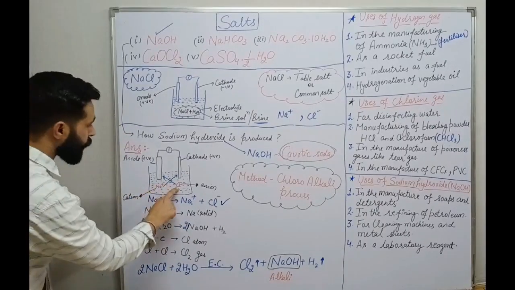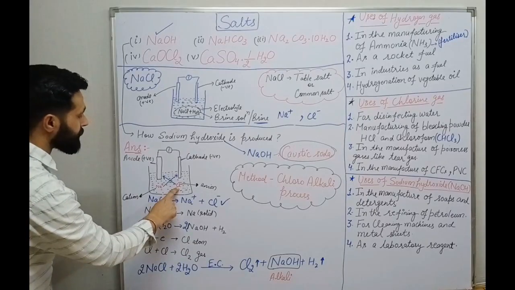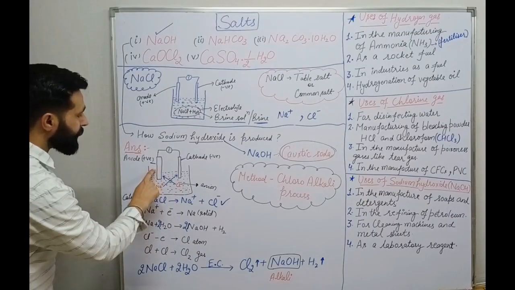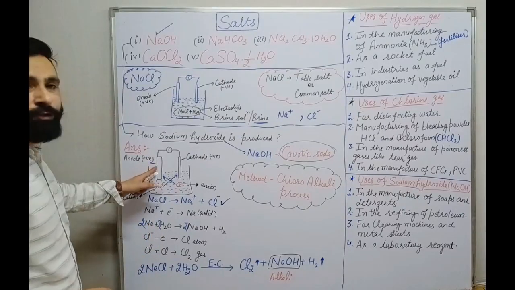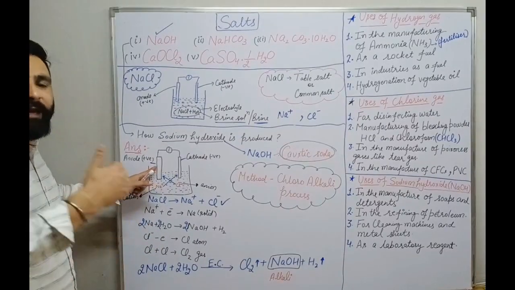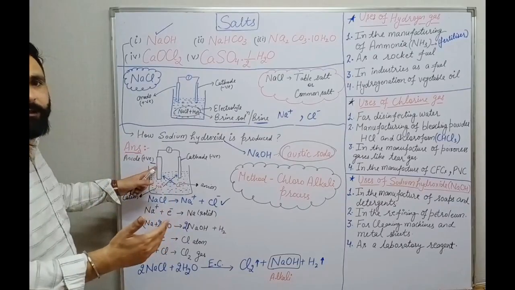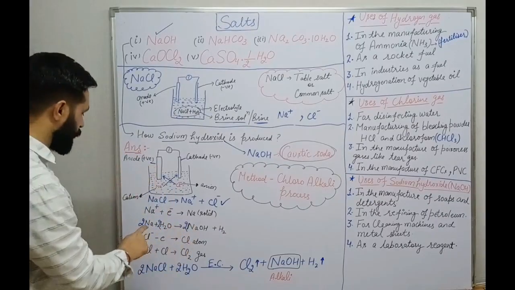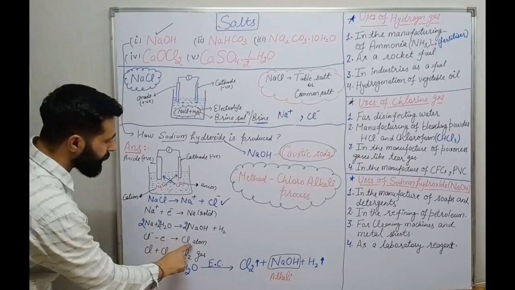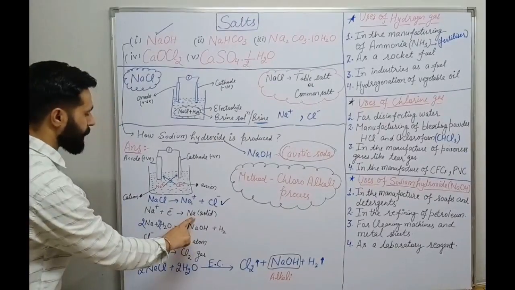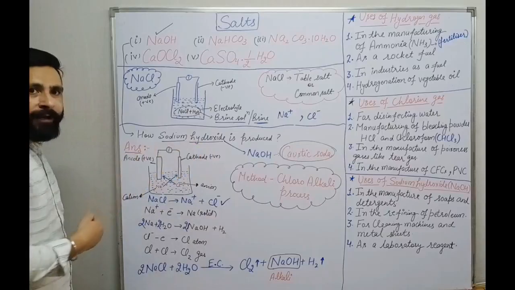And the chloride anion goes here. It has an extra negative charge. So it will lose one electron and become a chlorine atom, like here. They are positive, they take and neutralize.